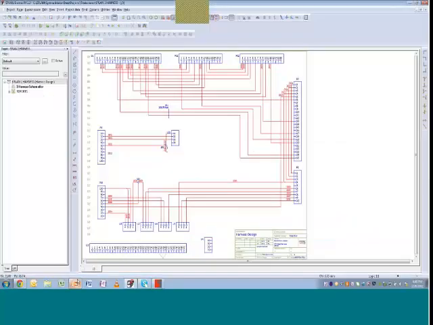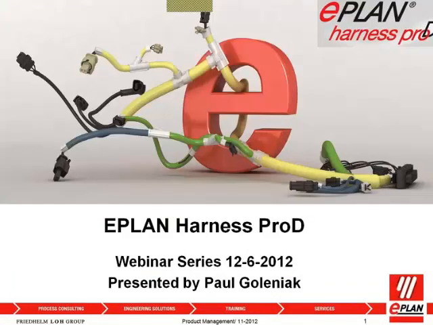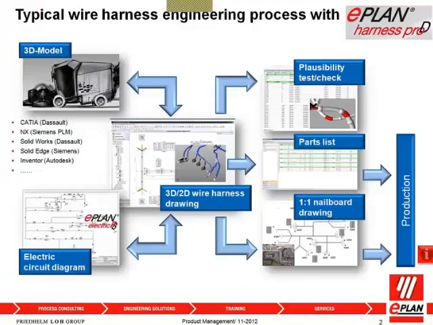Today I'll have the opportunity to show you a little bit about our latest product, ePlan's Harness proD. This is a harnessing tool that allows us to take in three-dimensional data and design our harnesses around that three-dimensional design.